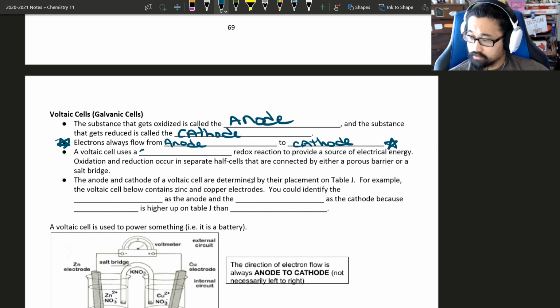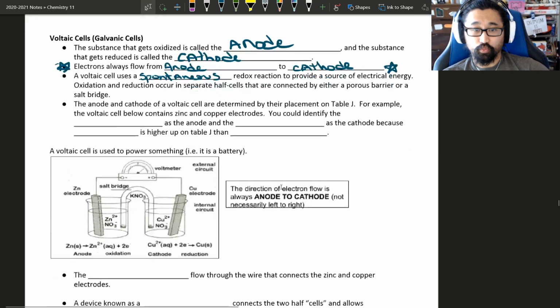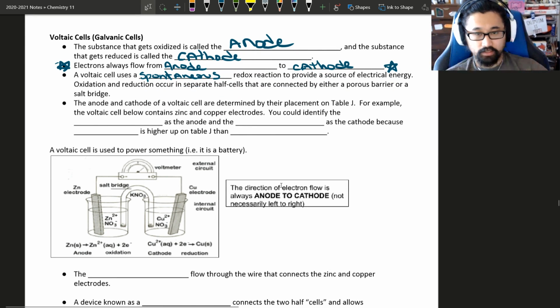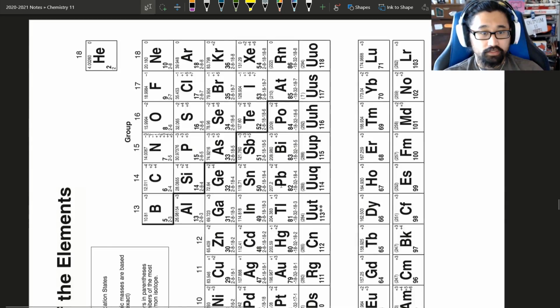A voltaic cell uses what we call a spontaneous redox reaction, which means it happens on its own. It will always happen on its own. The redox reaction will take place spontaneously because of how the elements are arranged on table J. So which one is the anode and which is the cathode depends on where they appear in relation to each other on table J.